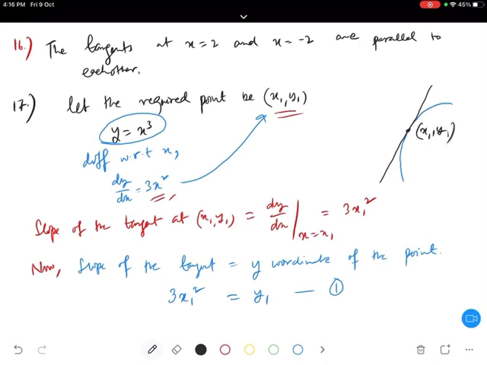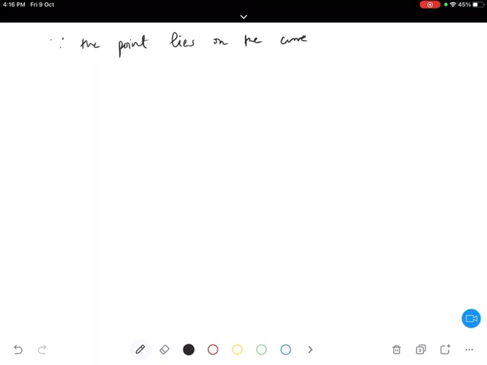I will put the value of y1 from equation 2 in equation 1. So I will write 3x1 squared is equal to x1 cube. Is it clear or not?